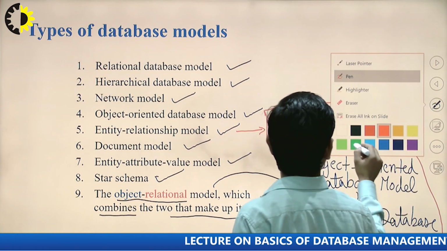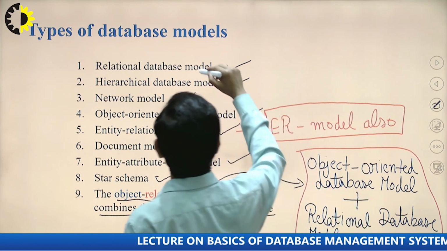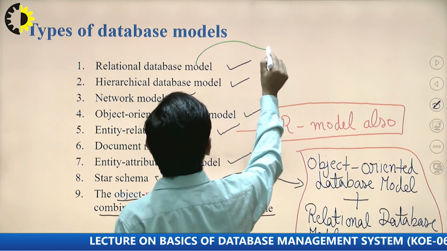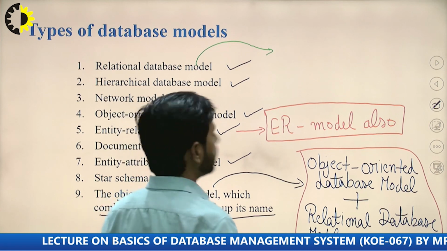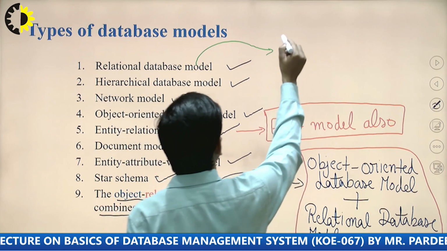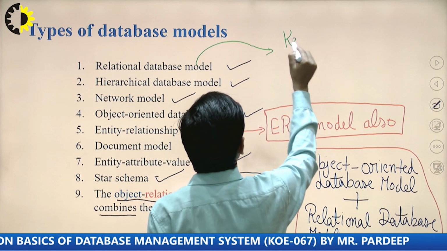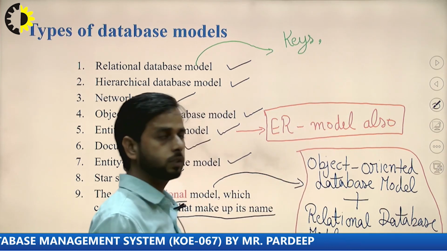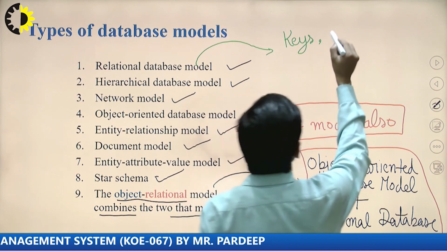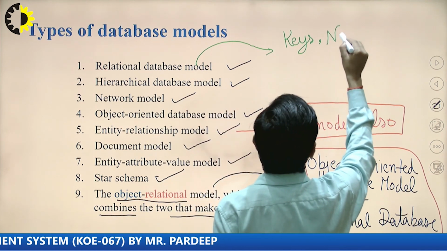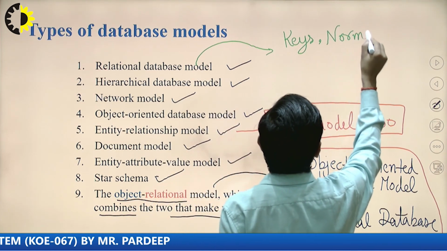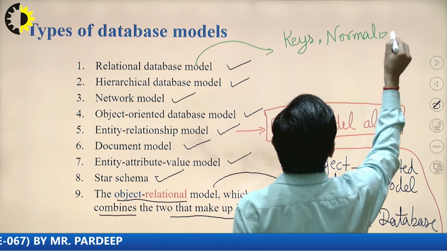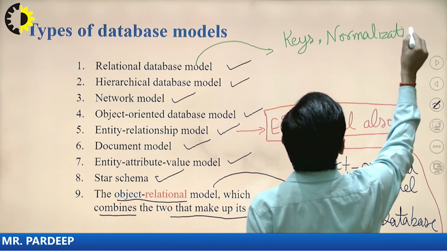The model which we will discuss is the relational database model. In this model, there is the concept of keys. We have discussed various types of keys, and normalization.